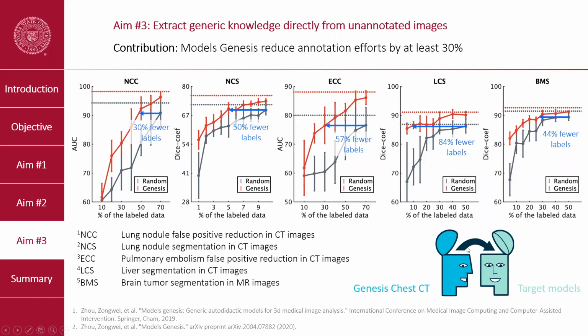Models Genesis is also an annotation efficient method because for every task, as you can see, it can achieve the same accuracy while reducing at least 30% of annotation cost.